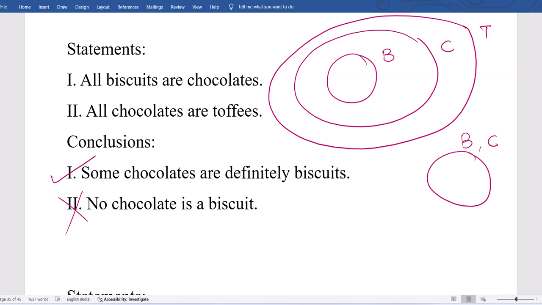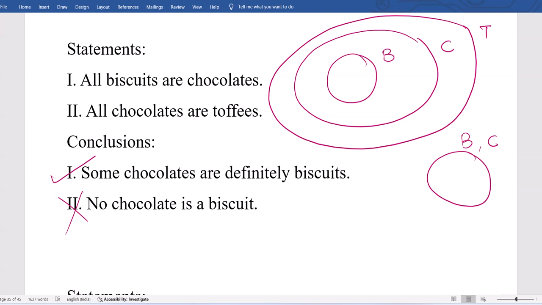Listen, your friend's doubt is whether toffees are also biscuits, sir. Then this is wrong. Some chocolates are definitely biscuits does not mean that toffees are not biscuits. It can be that toffees also are biscuits, chocolates also are biscuits. As per the diagram or the connection, that's not a problem.